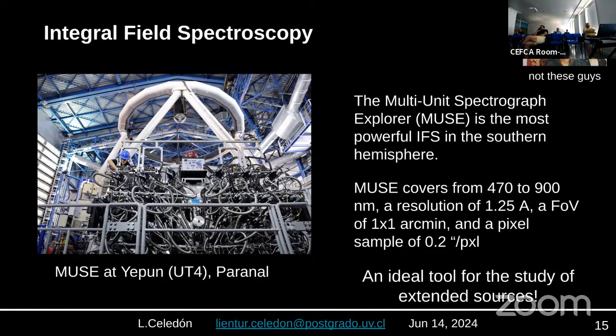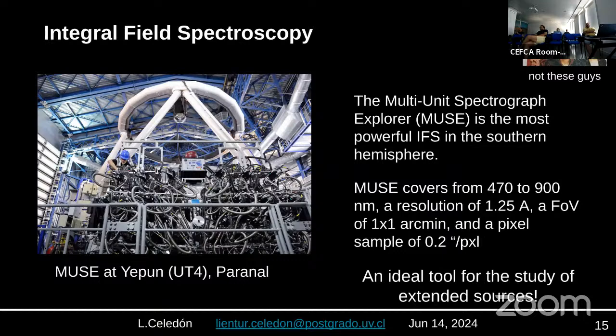Now, this is the technique. The instrument we are using is MUSE. MUSE is the most powerful spectrograph in the southern hemisphere. It's placed at the VLT Observatory in Paranal, Chile. The instrument covers optical wavelengths between 470 and 900 nanometers with a spectral resolution of 1.25 angstrom, or in terms of velocity, about 50 kilometers per second at the wavelength of hydrogen alpha.